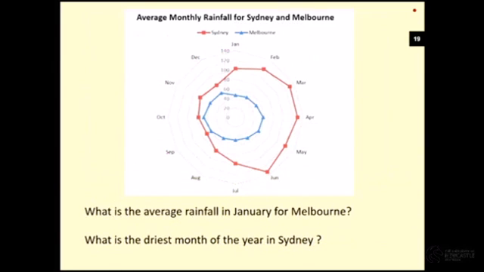Okay, this is where I stuck it, not in the worksheet. What's the average rainfall in January for Melbourne? So it's an average monthly rainfall for Sydney and Melbourne, and the question's asking for January and Melbourne. That's the one I'm trying to work out its value.